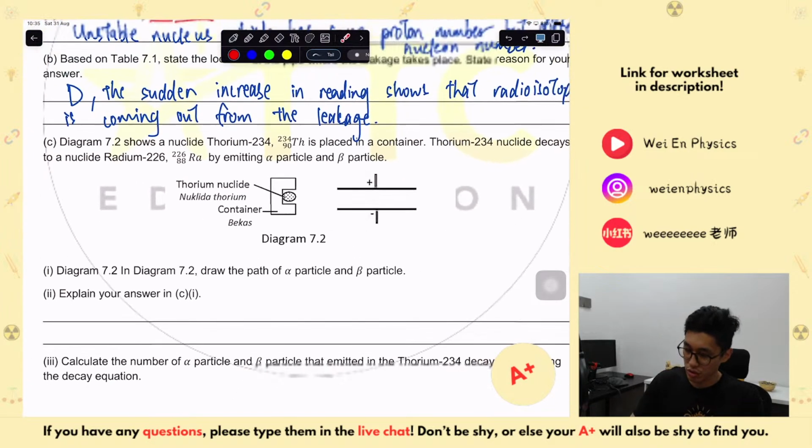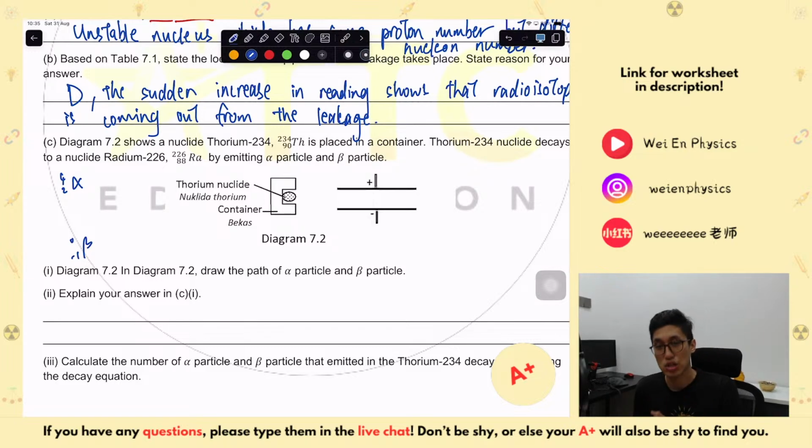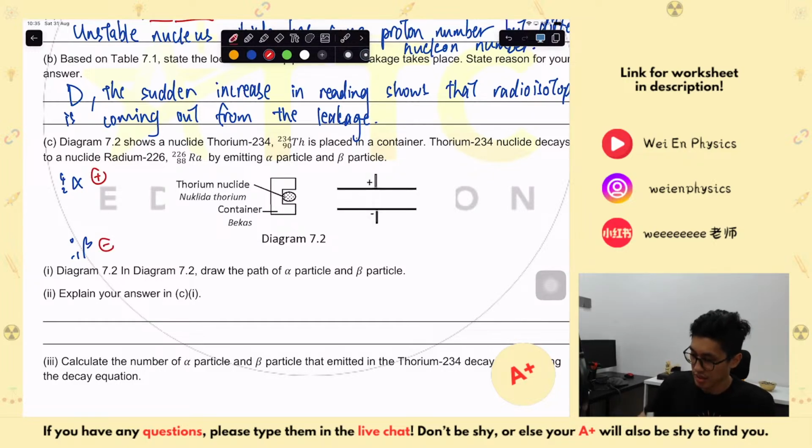So first of all, you need to know what alpha and beta are. Alpha is 2 protons and 2 neutrons. Beta is 0, -1. It's an electron. So alpha is positively charged, beta is negatively charged, which means alpha will be attracted to the negative plate and beta will be attracted to the positive plate.